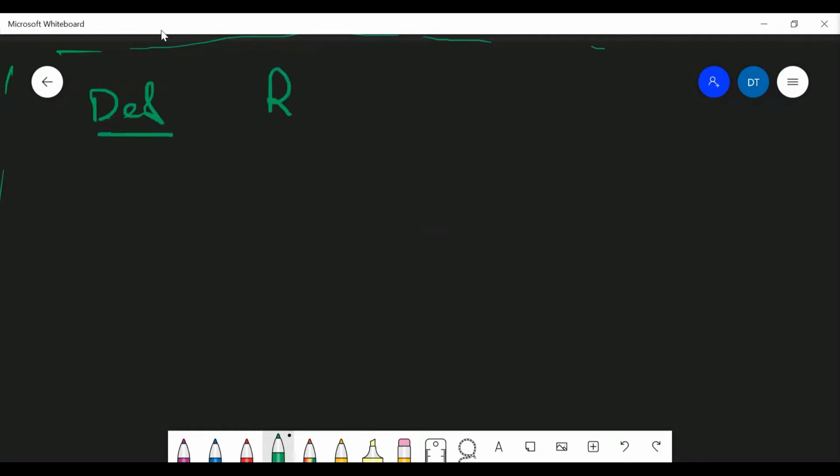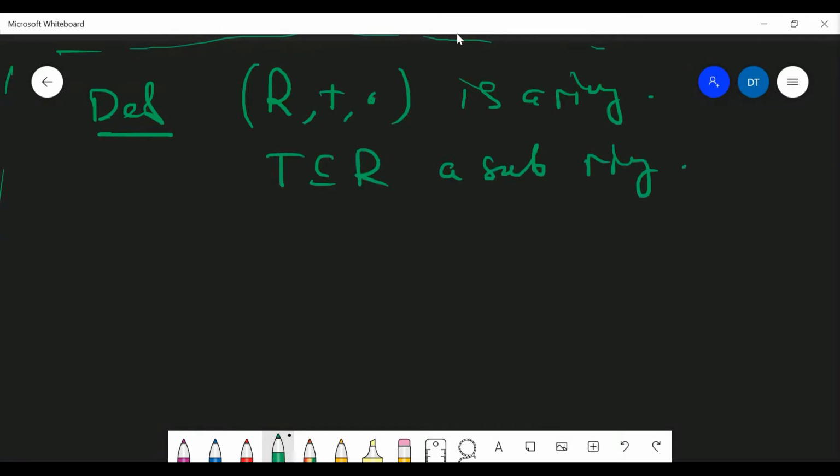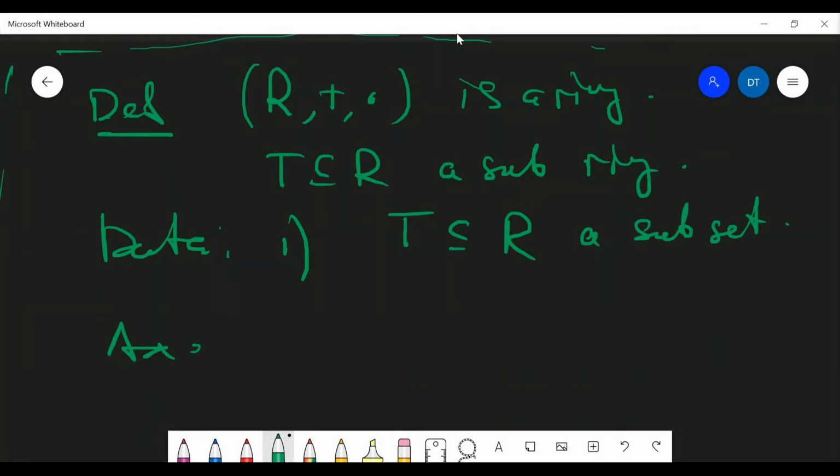Suppose R is a ring. Let's say (R, +, ·) is a ring. I want to define a subring. So first of all, as data, a subring is a subset T satisfying the following axioms.